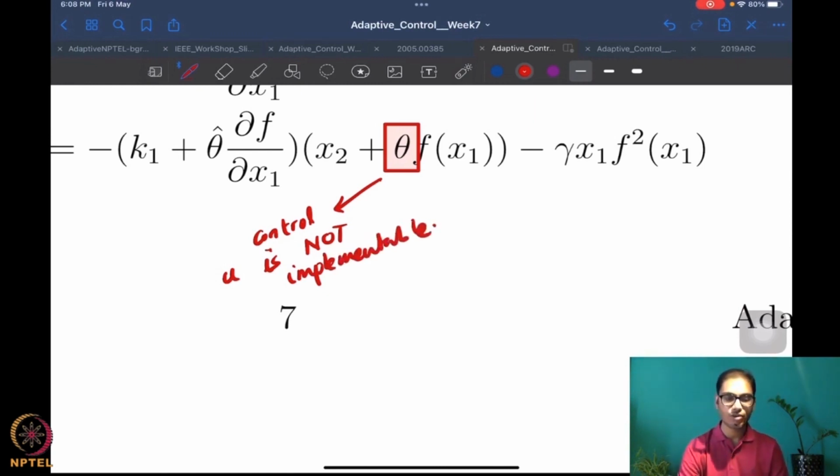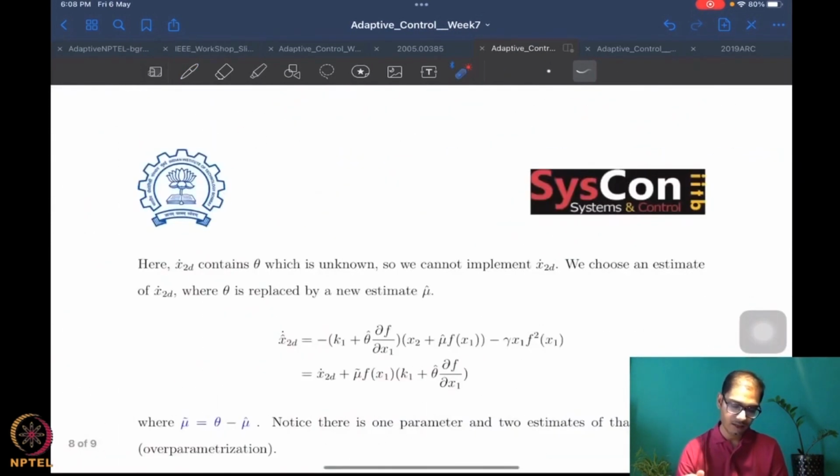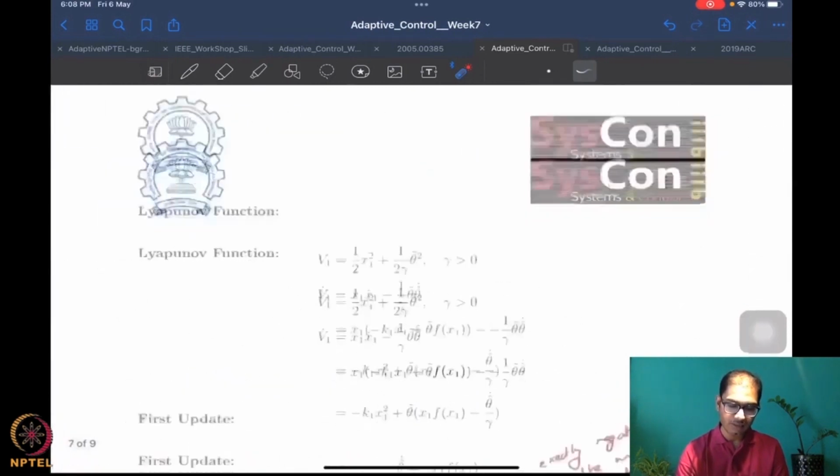The control U is not implementable because of this theta. That is what we say contains the theta dot, which is unknown.